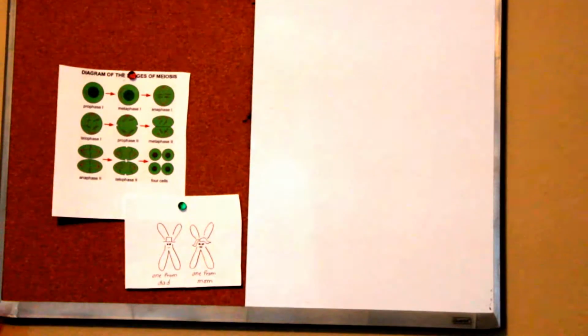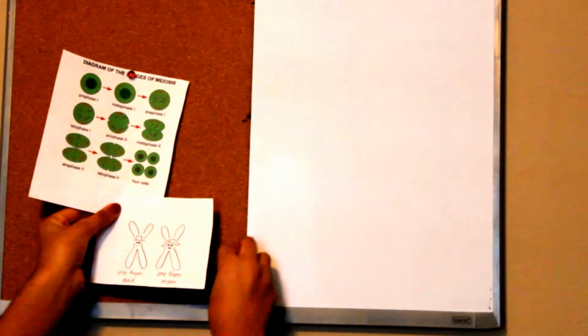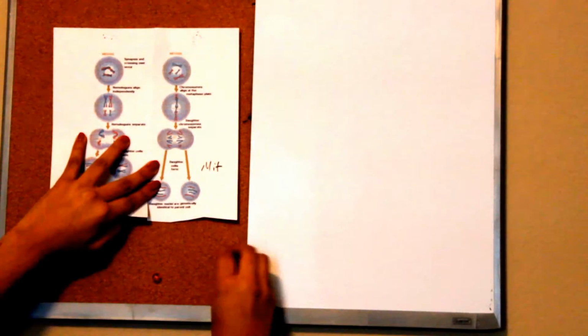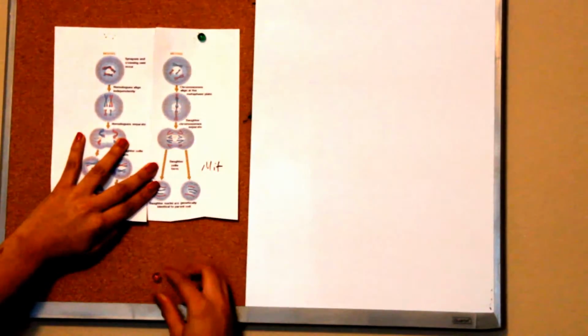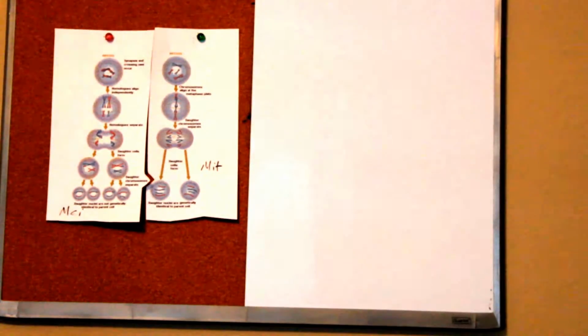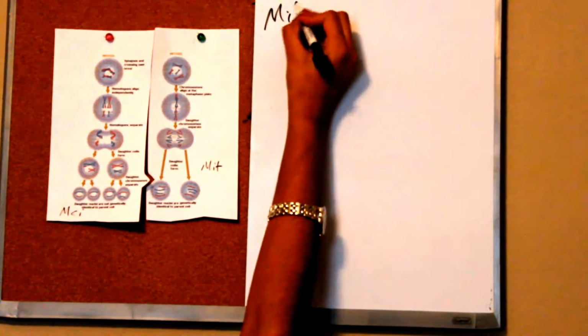Now let's compare some of the differences between mitosis and meiosis. Mitosis is on the right side and meiosis is on the left side. Let's start with mitosis.